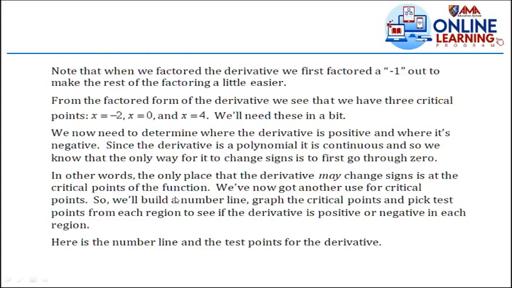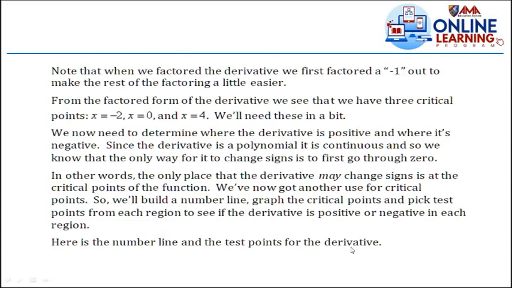We now get another use for the critical points: we'll build a number line with the critical points and pick test points from each region to see if the derivative is positive or negative in each region.